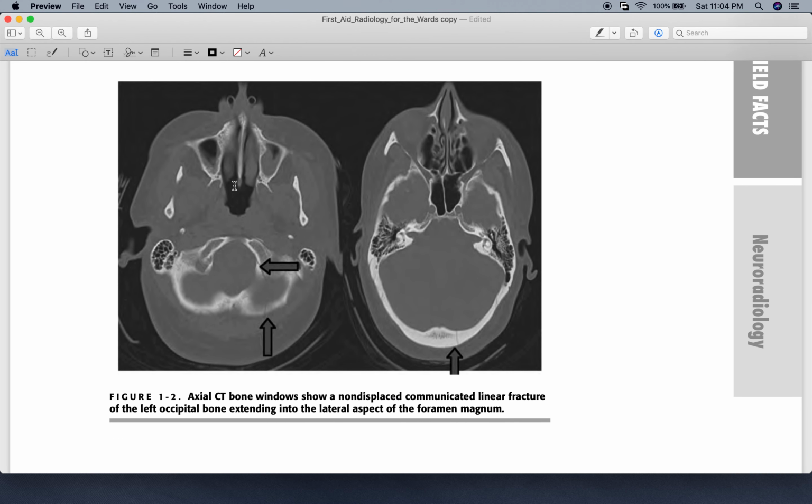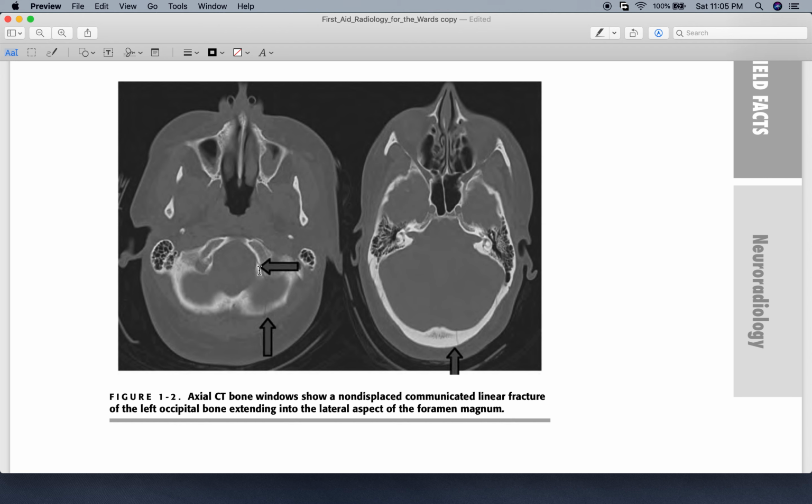In the photo on the right side, we can see on the occipital bone a linear fracture, as you can see this line here, shown by the arrow. And in the picture on the left, we can see two linear fractures: this first linear fracture on the occipital bone, and this linear fracture on the base of the skull.